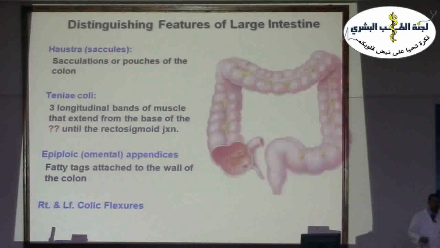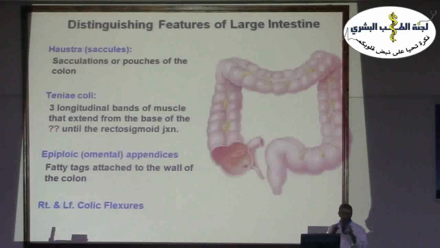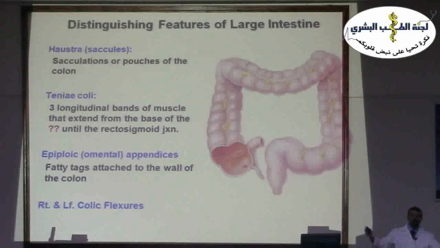Because the length of the large intestine is around 1.5 meters. However, the longitudinal muscle layer of the muscularis externa in the large intestine is only around 1 meter. So it's shorter. You know that the muscularis externa layer in the wall of the intestine has an inner circular and an outer longitudinal layer. Now in the large intestine, the outer longitudinal layer does not continue all over the wall.